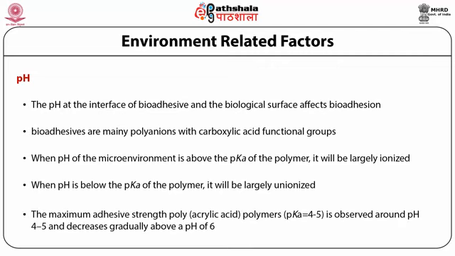The maximum bioadhesive strength of polyacrylic acid polymer is observed around pH 4 to 5 and decreases gradually when it is above the pH of 6. There are numerous investigations which have shown that the carboxyl groups which are protonated, rather than the ones which are ionized, react with mucin molecules by forming hydrogen bonds with it.